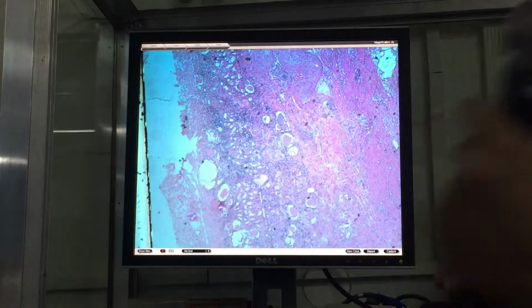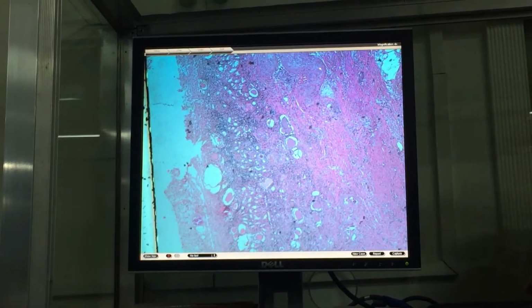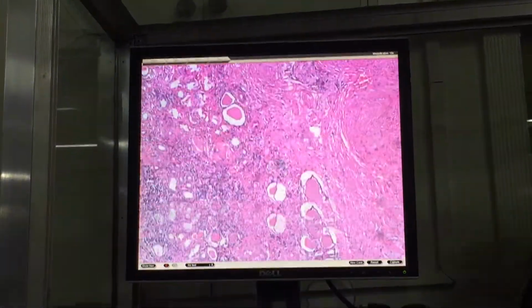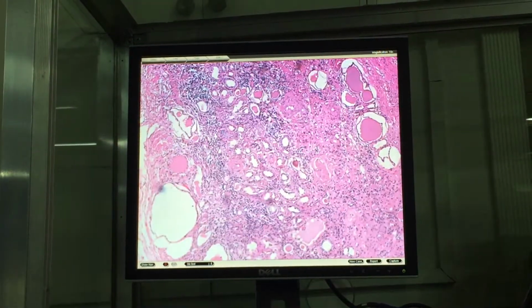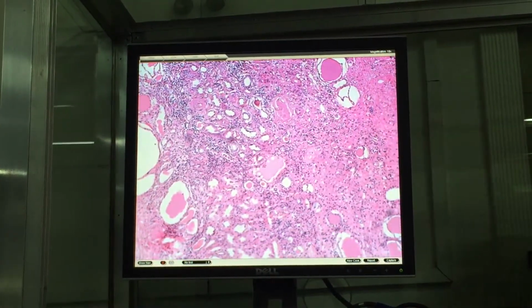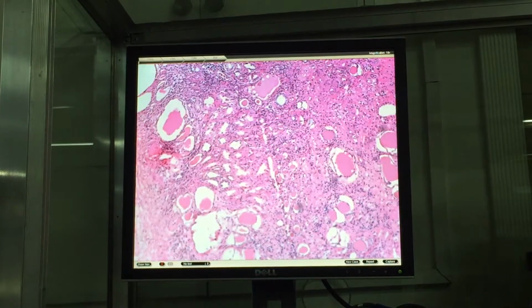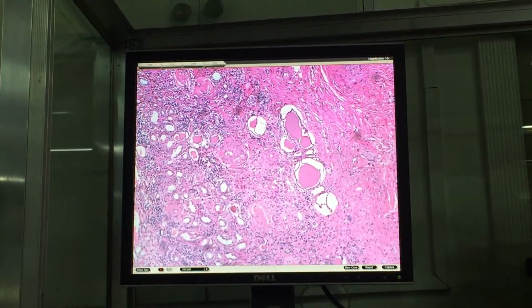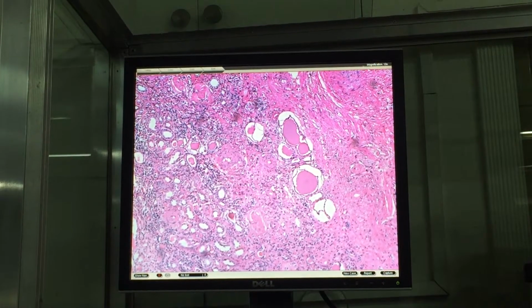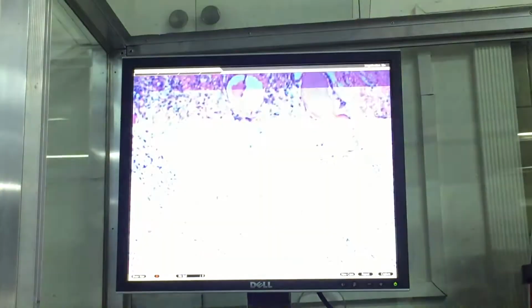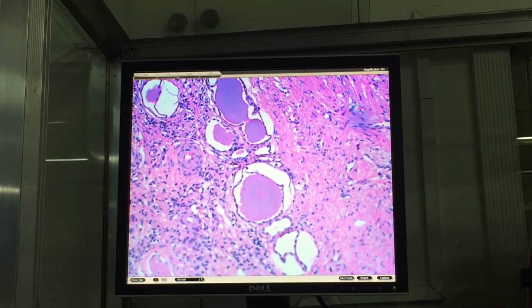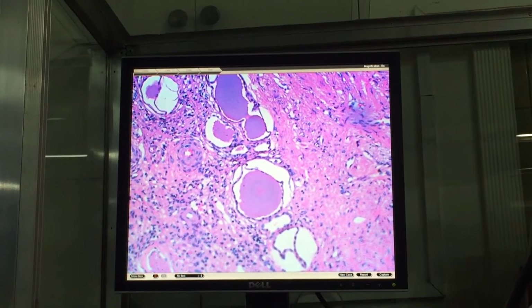Okay. So, since this is pyelonephritis, okay, at higher magnification, what you'll see are remnants of kidney tissues, okay, and here you'll see some of your dilated tubules, and this looks like what?